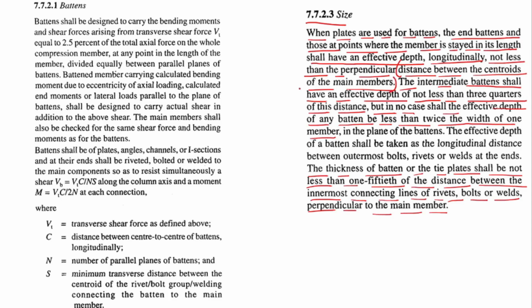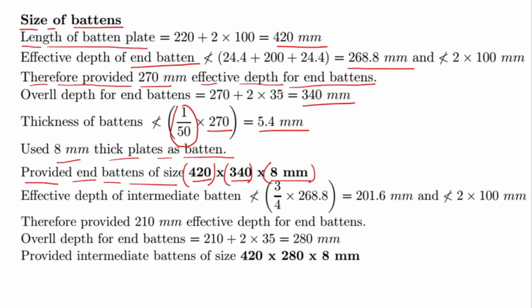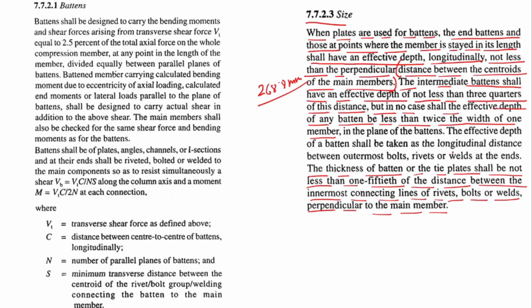So already we have calculated this distance as 268.8 mm, which we calculated for the end battens. Therefore the effective depth of intermediate batten should not be less than 3/4 of 268.8 mm, that is 201.6 mm.